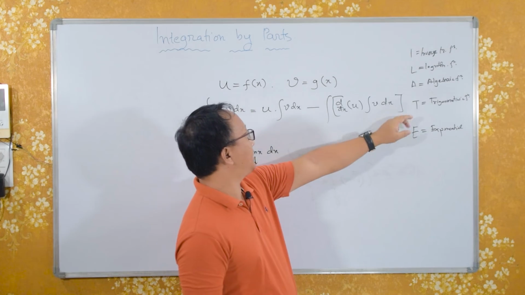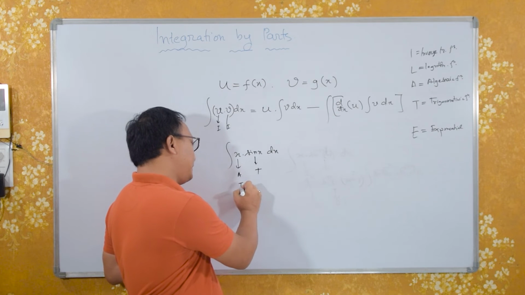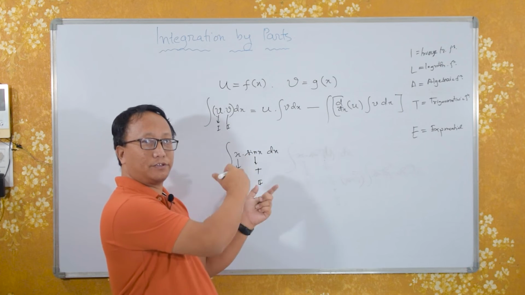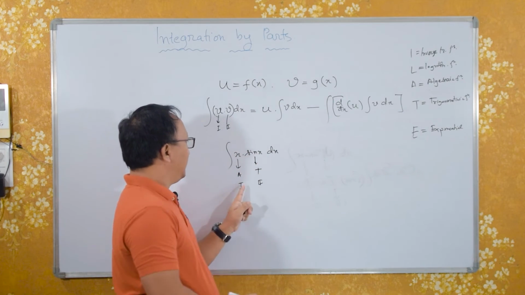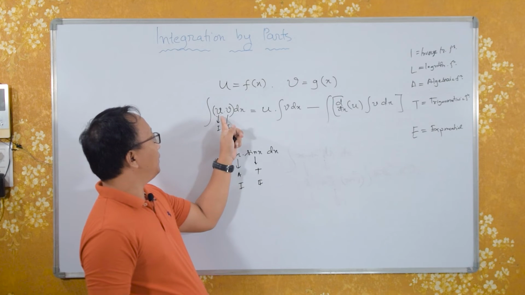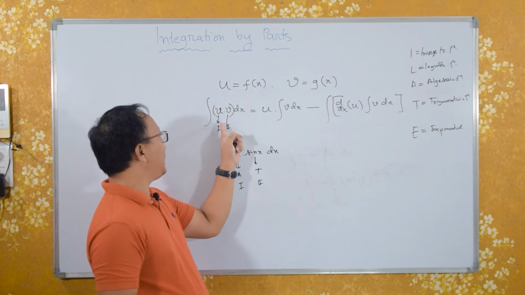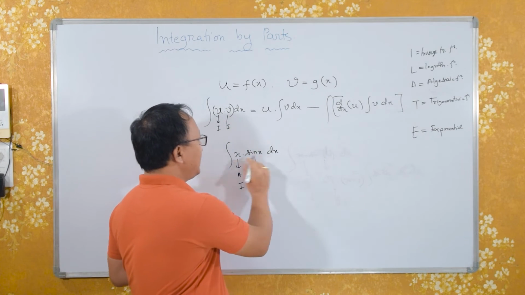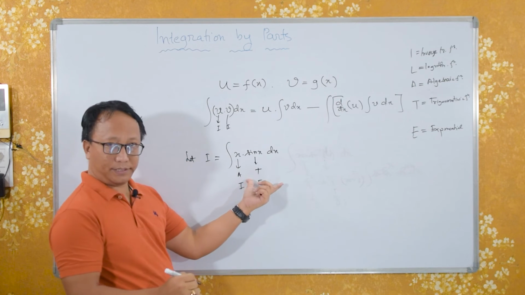Which one is first? Algebraic is first. So this is the first function and this is the second function, already in order, so we don't have to change them. I assign u as x and v as sin x. Let the integral be I.